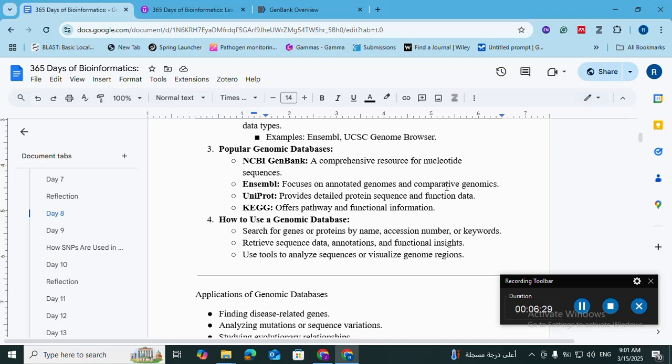UniProt provides detailed protein sequence and function. For example, what is the amino acid sequence of hemoglobin? KEGG offers pathway and functional information.